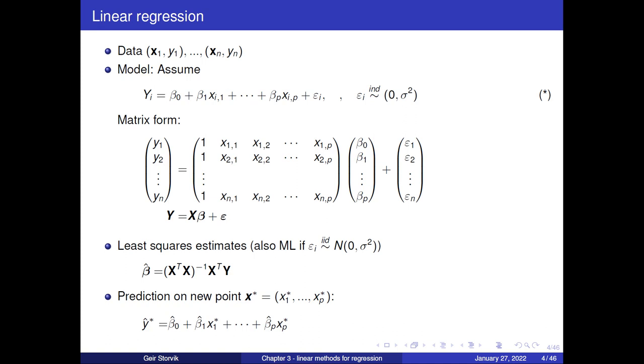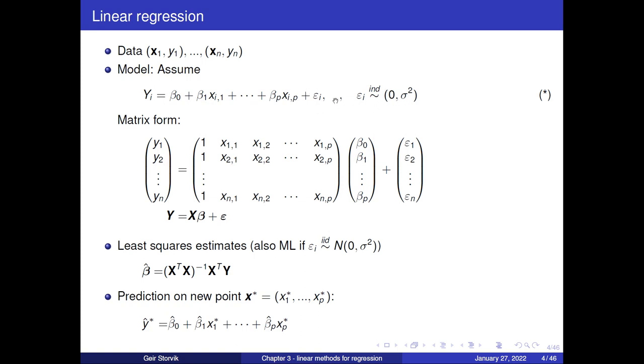Okay. So this is now a slide just showing what we have been through earlier. What we do now is that we make a model. So we have data, a lot of x's and y's from 1 to n. And we now make a model saying that the y is built up by a linear relationship of the x's, but this relationship is not perfect, so we have some noise in the end.